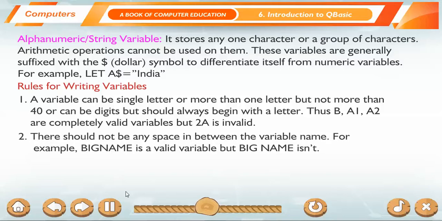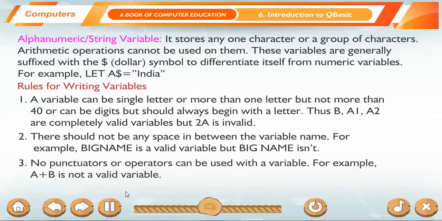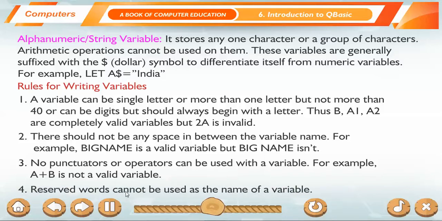There should not be any space in the variable name. For example, bigname is a valid variable but big name isn't. No punctuators or operators can be used with a variable. For example, a+b is not a valid variable. Reserved words cannot be used as the name of a variable.